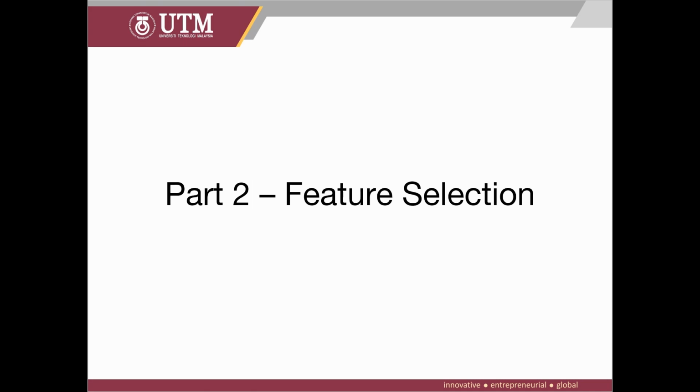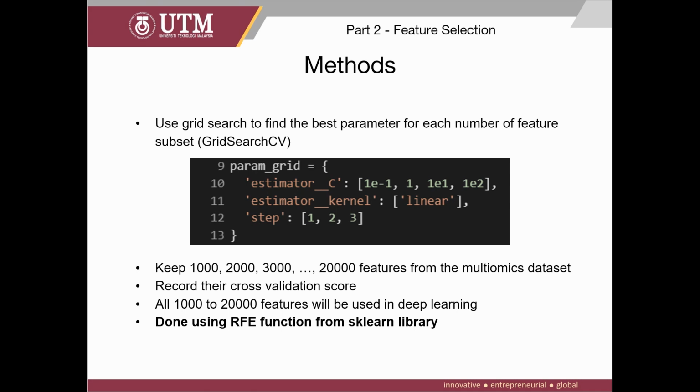After part 1, the pre-processing, now let's look at part 2, the feature selection. This is the method that I have used to implement SVM-RFE. So compared to last time, I have used a random hyperparameter for my SVM-RFE. So this time, I used grid search to find the best parameter for each number of feature subset.